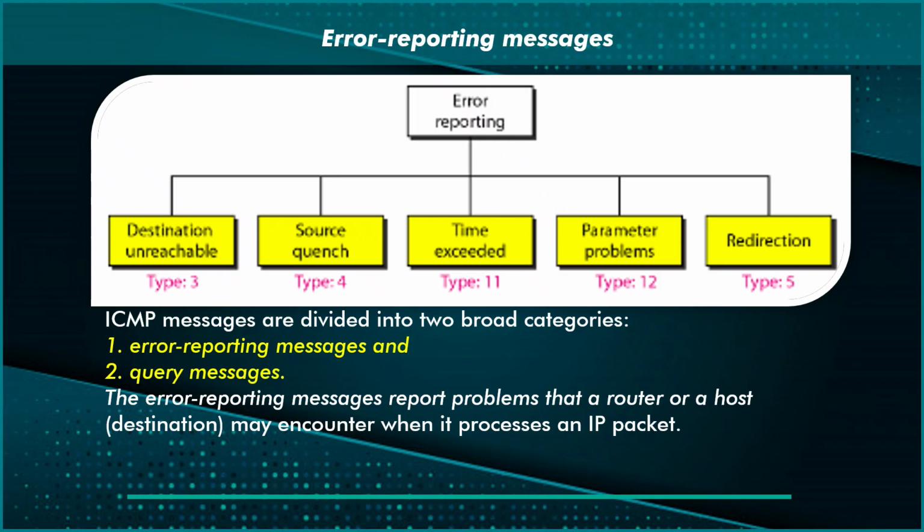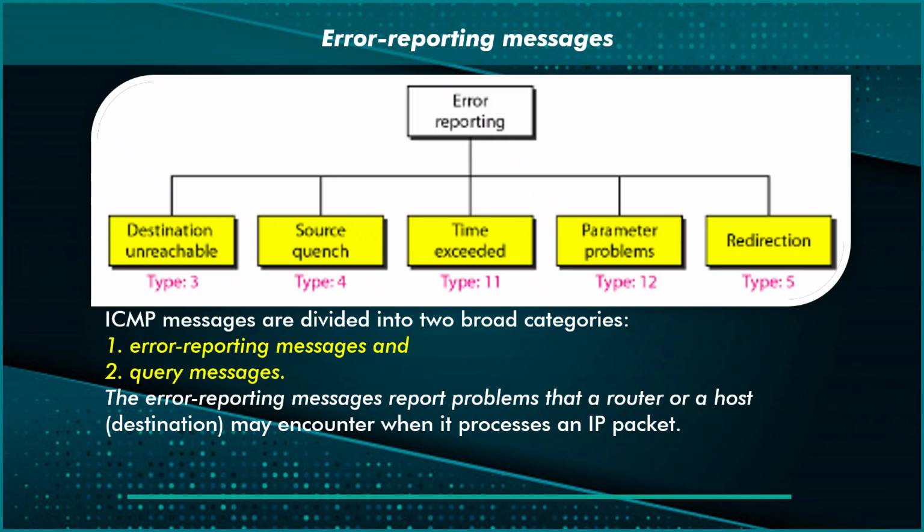For example, type 3 means destination unreachable, that is, the packet which is sent cannot reach the destination. Type 4 means source quench, that is, the source itself has encountered an error problem. Type 11 is time exceeded.